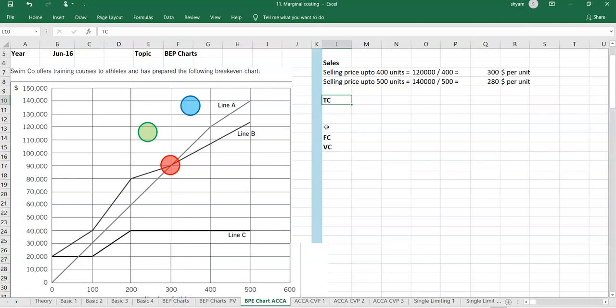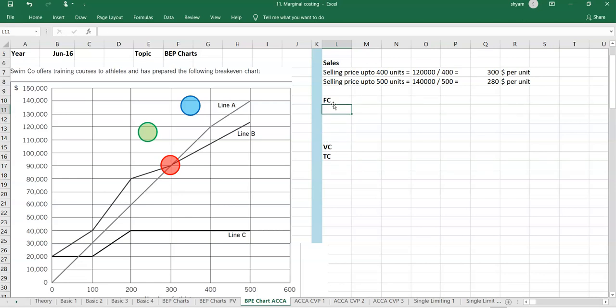Okay, so next we'll move on to the total cost line. But before moving to the total cost line, I think we can see the other lines. We can see the fixed cost line.